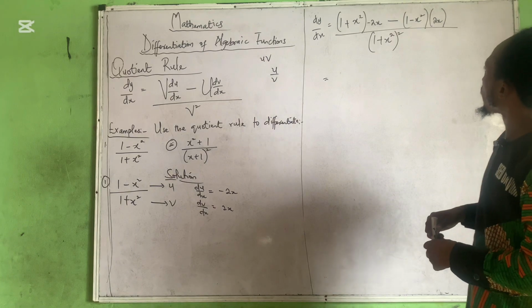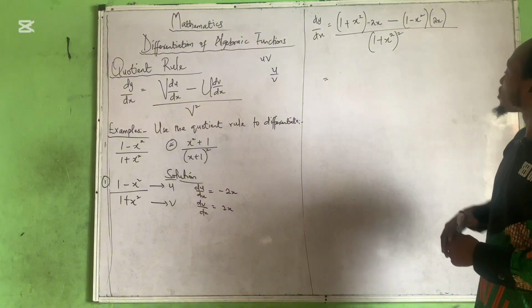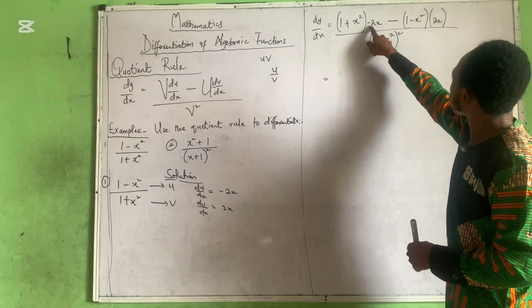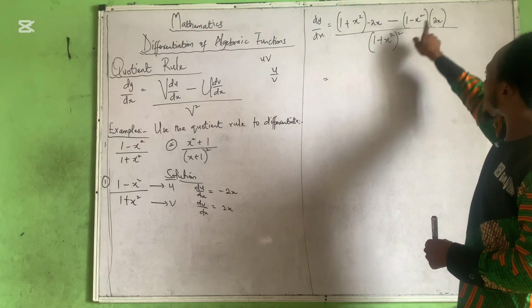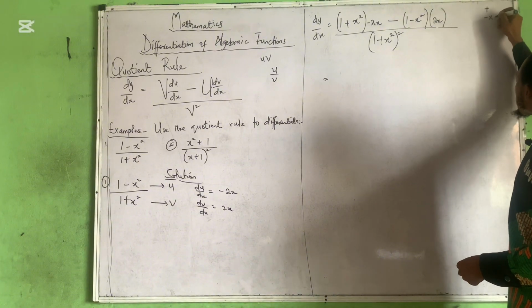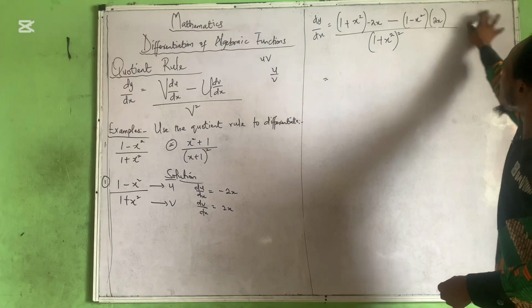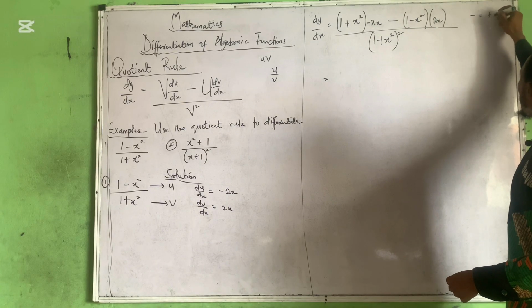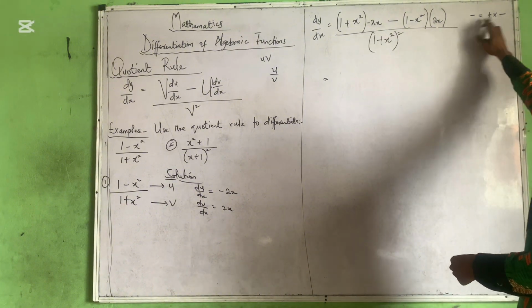What is common between this and this? If I look at it very well, there is minus 2x here and plus 2x there.